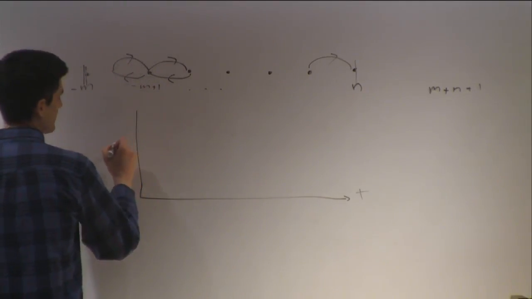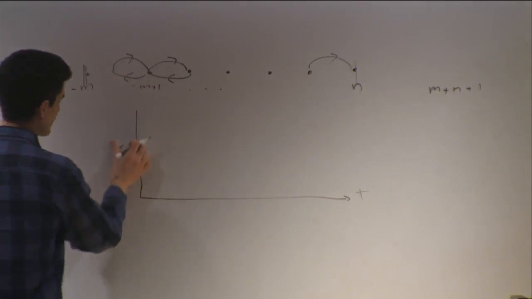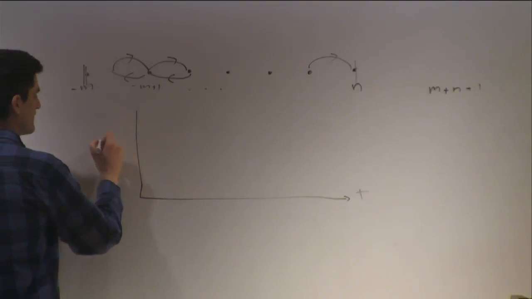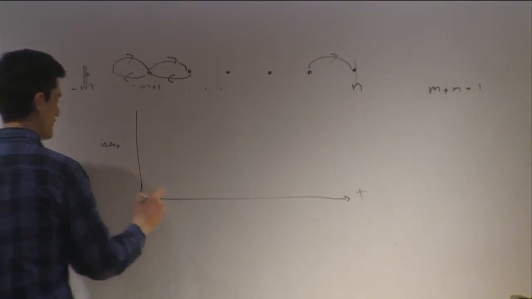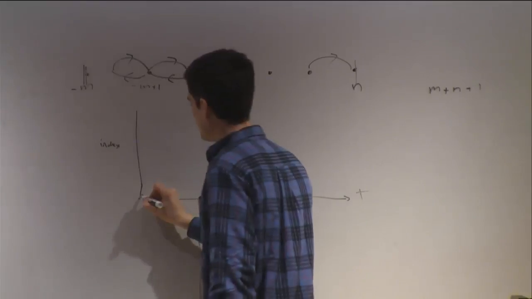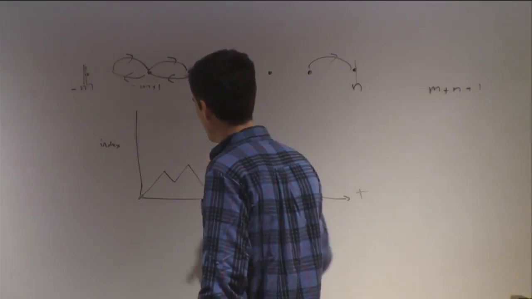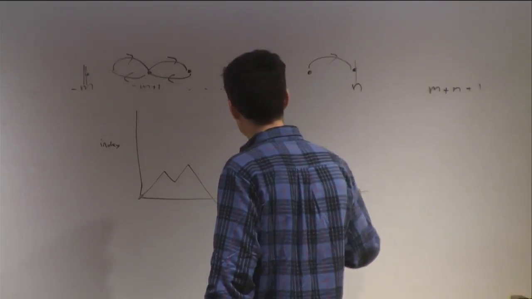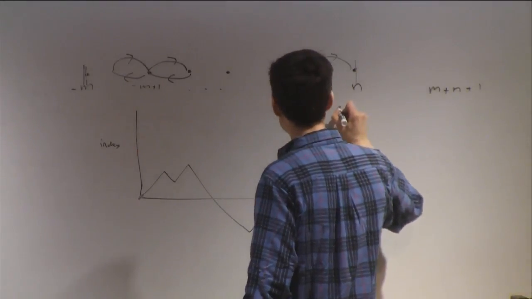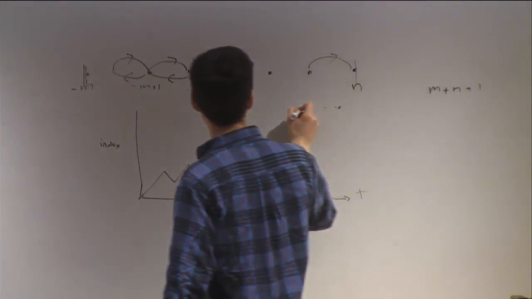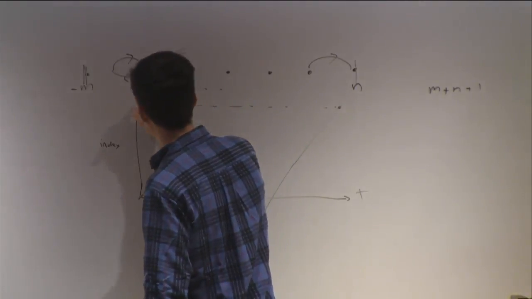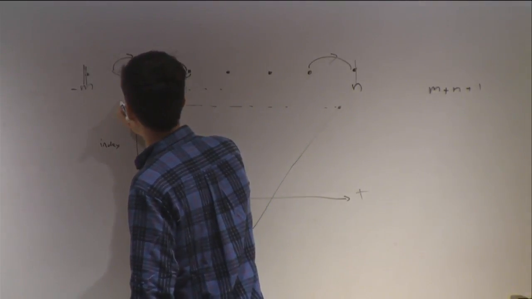Let's call it index. So we start off at 0, and then we might go to the right a little bit, then to the left a little bit, right, left, right, and then let's say we end up all the way at the terminal state on the right. So this is n.